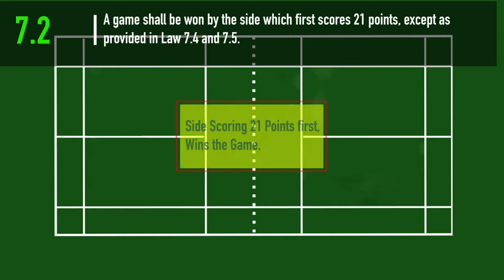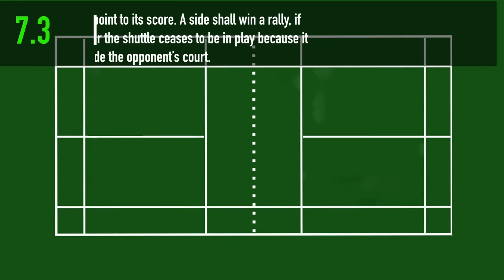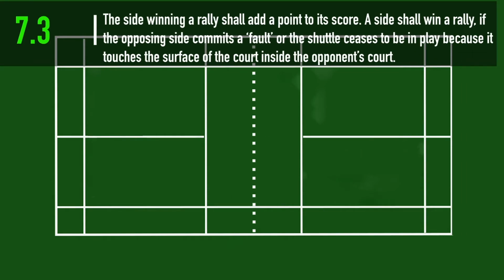A game shall be won by the side which first scores 21 points, except as provided in Law 7.4 and 7.5. 7.3.